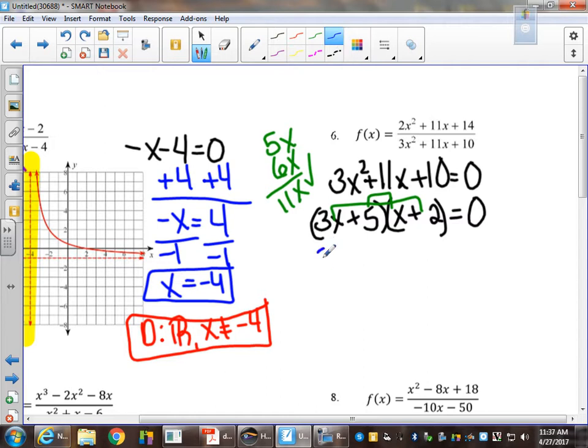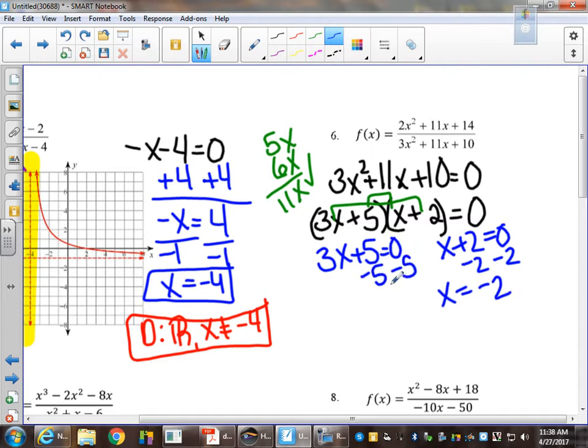Now we're going to set each factor equal to 0. 3x plus 5 equals 0. X plus 2 equals 0. We get to subtract 2 from both sides. X equals negative 2. Subtract 5. 3x equals negative 5. Divide by 3.